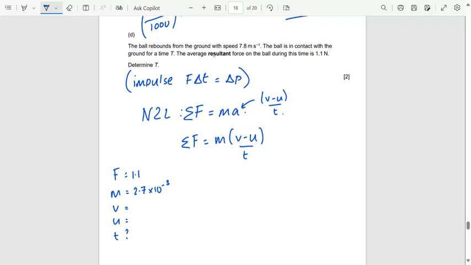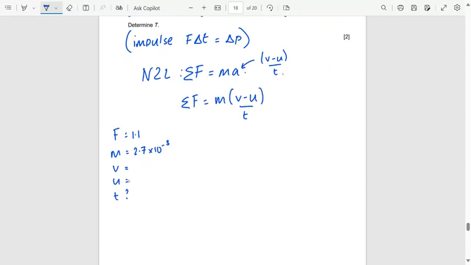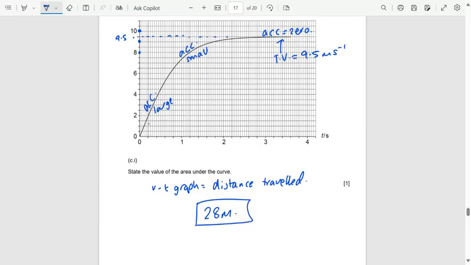Let me remind myself what's going on. I'm just going to pause so I can check all my numbers. Yeah, okay. So the initial speed at which it strikes the ground is 9.5.